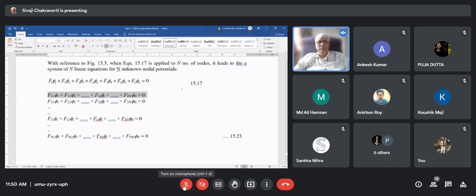When I am applying equation 15.17 to 1000 node potentials, I will get a 1000 by 1000 matrix. What I am trying to explain just now, is it possible to tell how many are non-zero elements of this matrix?